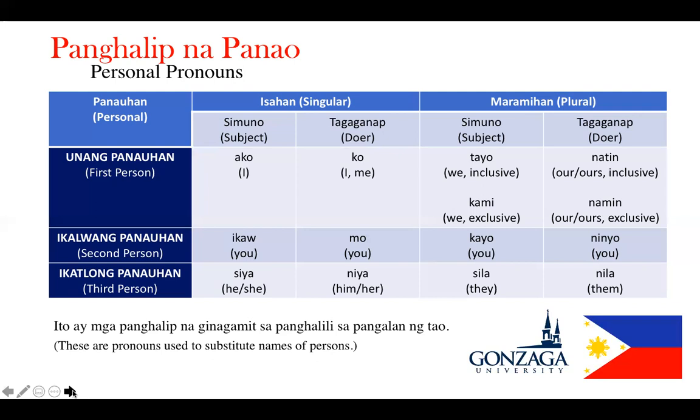Kinuha means get. Okay? Or, since this one in the context of Filipino is in past tense, got. Okay? Nila. What is nila there? What's the translation of nila? Okay, them. Ang mga bag. Okay. The bags. Natin is okay, our.